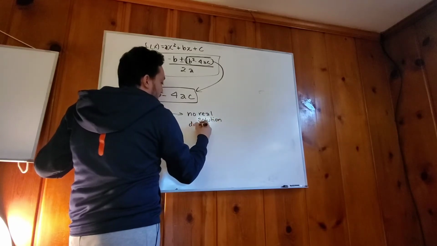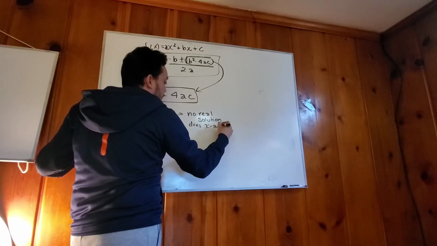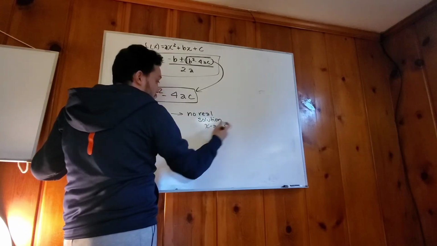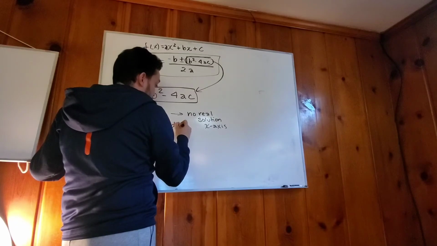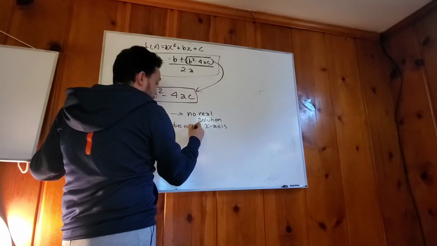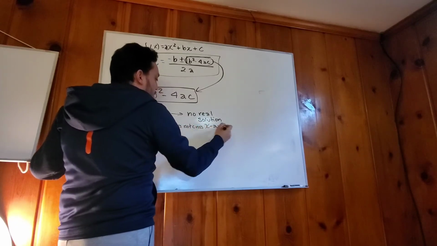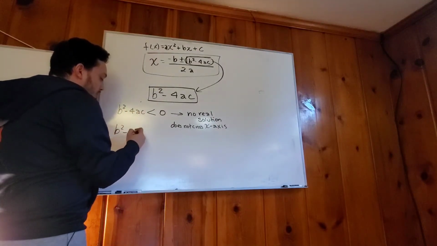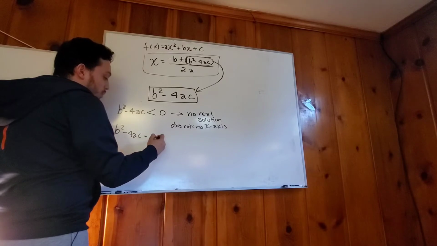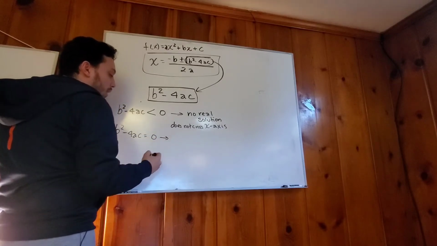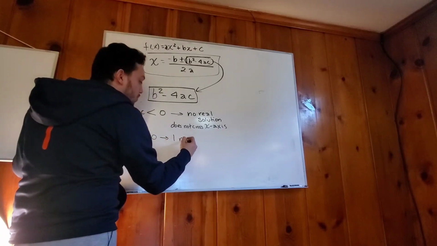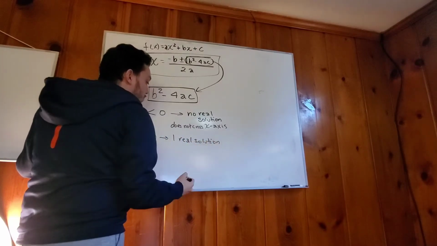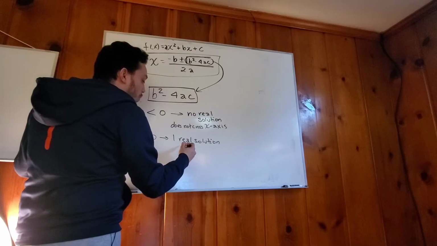It doesn't cross the x-axis. What about here? If b squared minus 4ac equals 0, then it has one real solution, so it has one x-intercept.